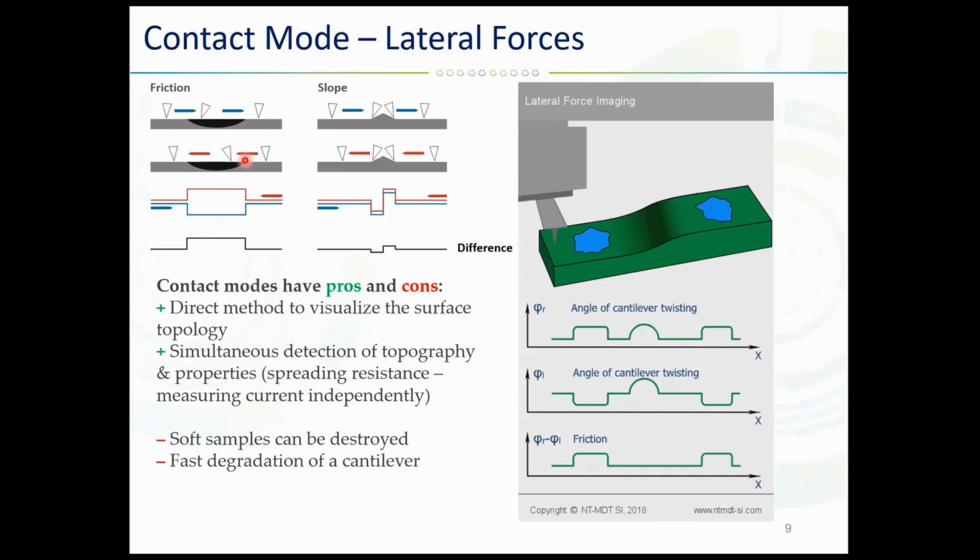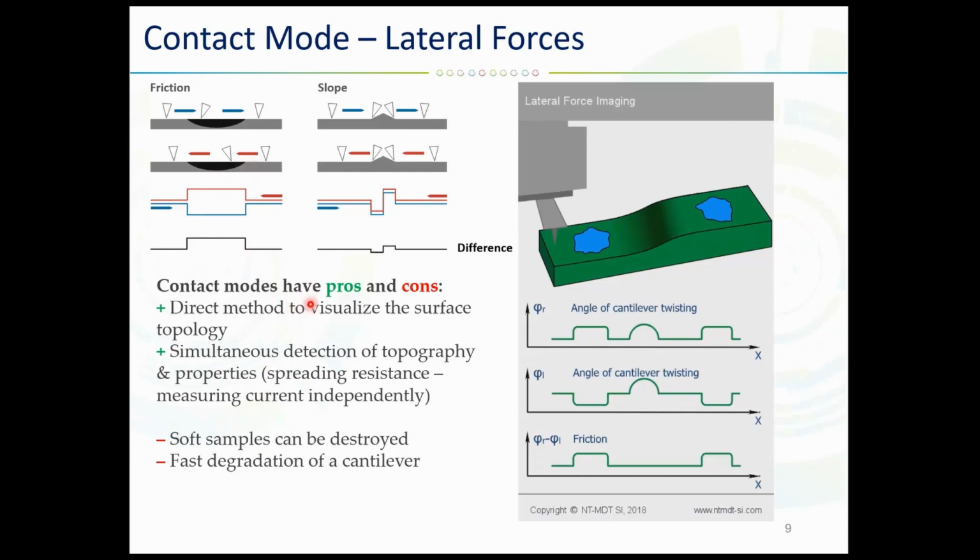So where we can use lateral force measurement, it is important for characterizing semiconductors, polymers, films, and so on. Different chemical characterization of the surface as well, frictional characteristics as I've already mentioned.